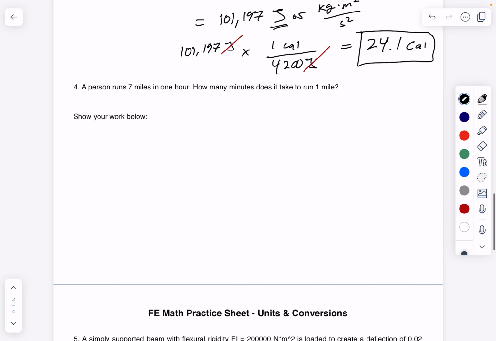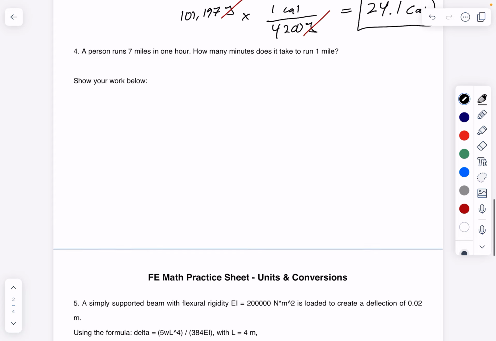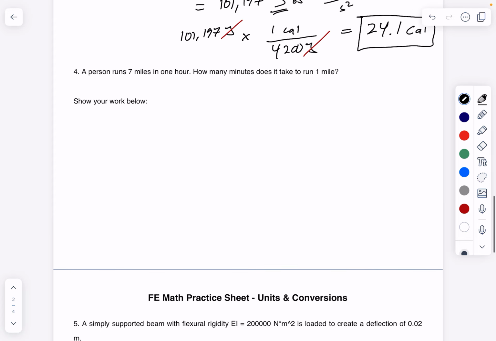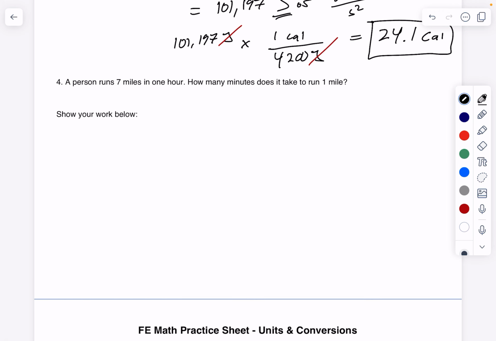Okay. A person runs 7 miles in 1 hour. How many minutes does it take to run 1 mile? Okay, so what we want in the end is we want minutes per mile. So if we start out with, we want to get miles on the bottom. So let's go 1/7. 1 hour they can run 7 miles.